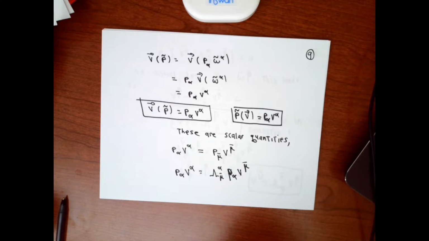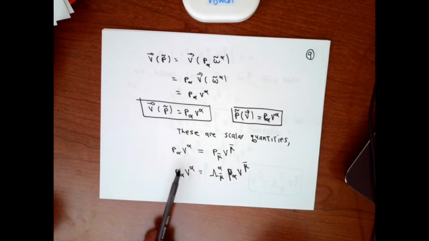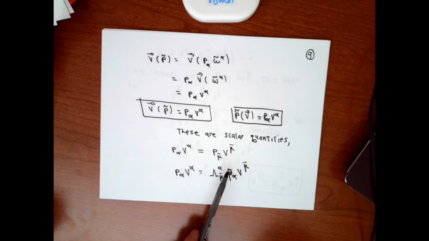Using the linearity, it's easy to see that v evaluated at p is still p alpha v alpha. Likewise, we define p tilde at v to also be p alpha v alpha. These are scalar quantities. I could express them in one coordinate system or another. P alpha v alpha must equal p mu bar v mu bar.